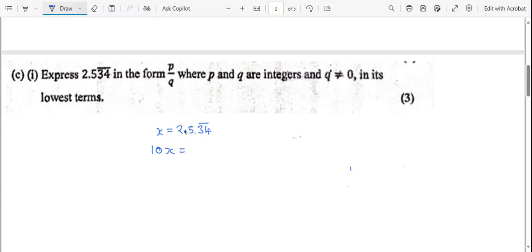I've multiplied by 10 so that this point comes there. So I have 25.34. That will be our equation 1, like I've been saying.